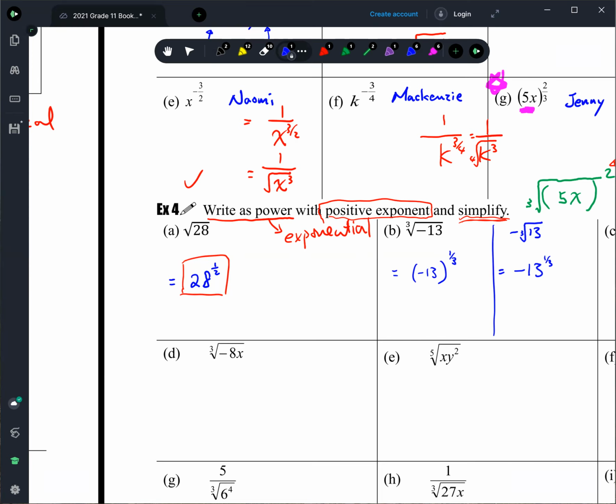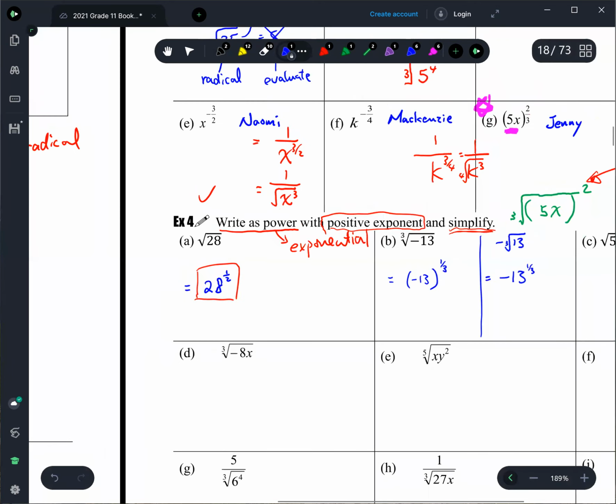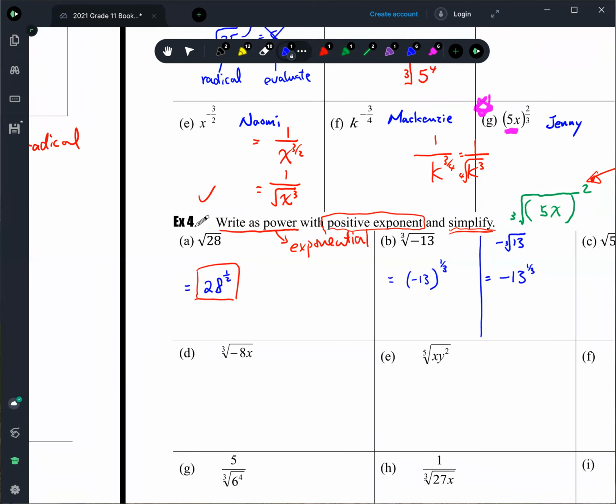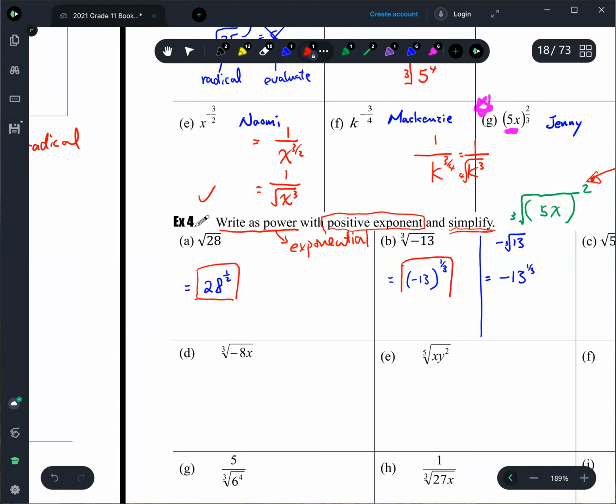If the question looks like on the right hand side, then you won't have brackets. If everything is inside the square root, you need to keep a bracket. You can write down both answers to compare. So the one we want is this one, the one in the red box.